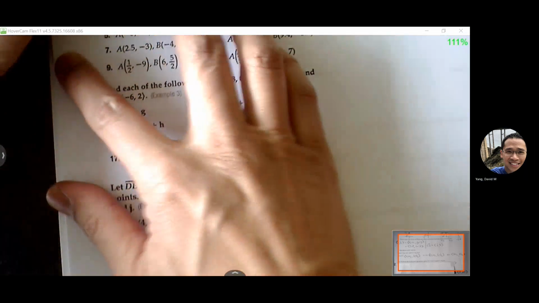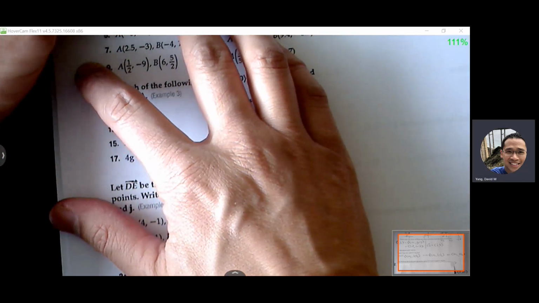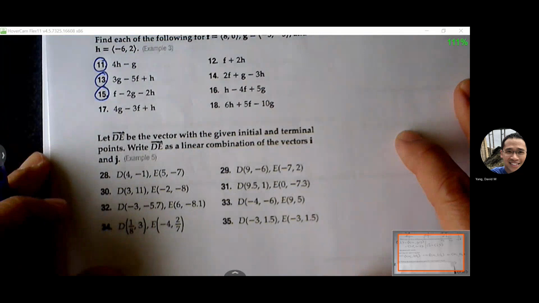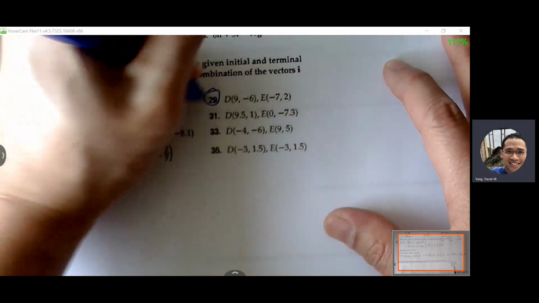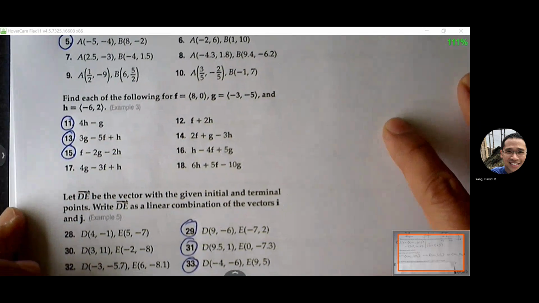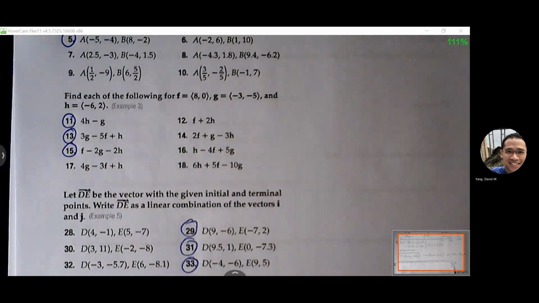So 1, 3, 5, 11, 13, 15, and then 29, 31, 33. Okay. And I'll put the answers up after you guys have had a chance to try them, and you should find this relatively easy.